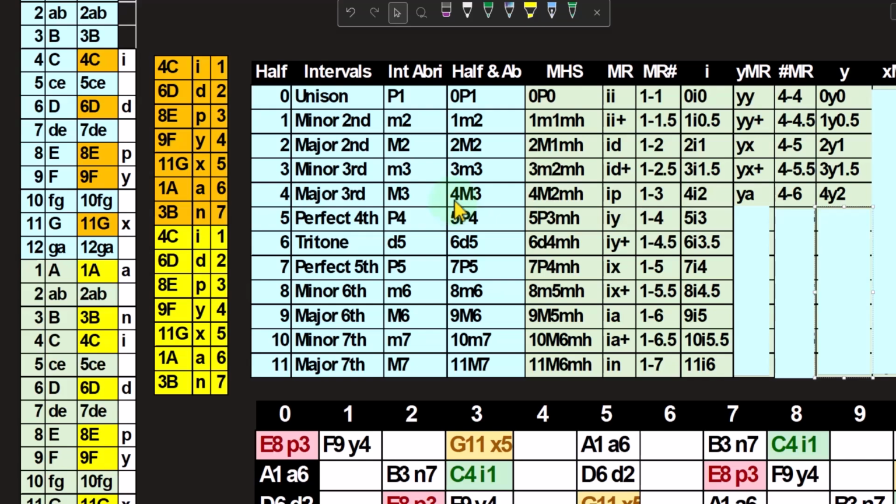See, if I'm on the Y and I go up 4 notes, 1, 2, 3, 4, it gets me to the Aeolian node. If I'm on the Lydian note here in our collection of 7 notes, and I go up 1, 2 modal half steps, I get to the Aeolian node. If I make this the 1 and I measure from that, it would be 1, 2, 3 scale degrees.